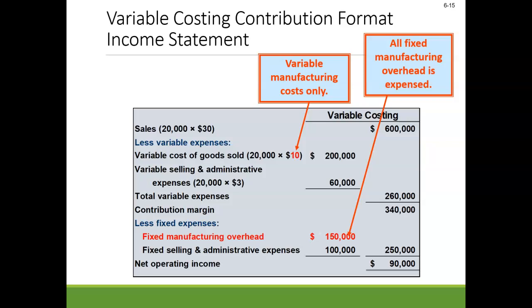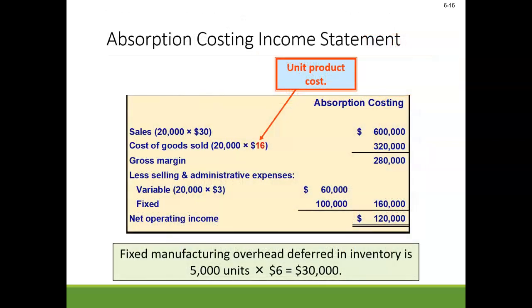The difference between variable and absorption is the format. What we show as product cost is going to be very different: $10 per unit versus $16 per unit.